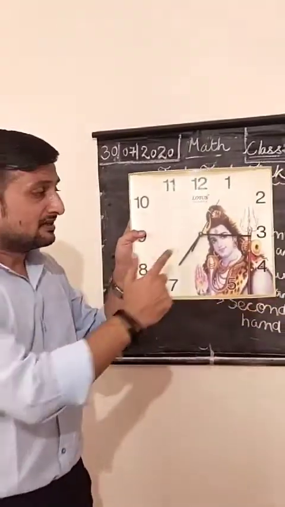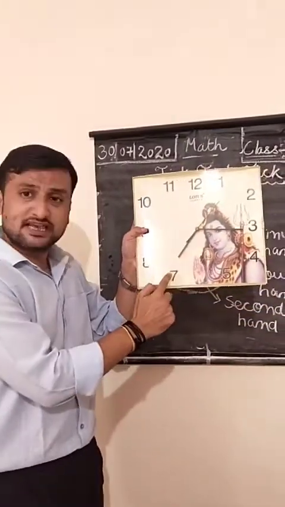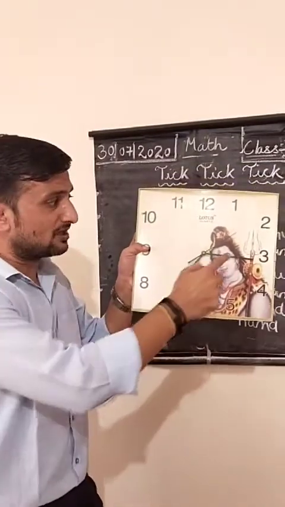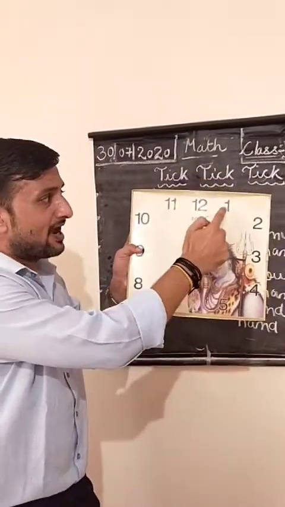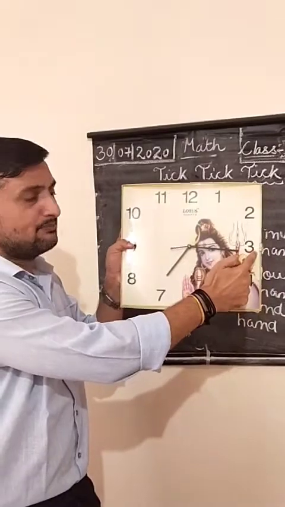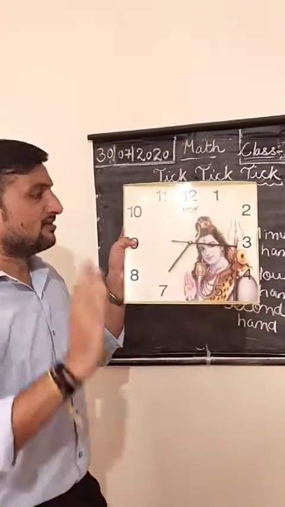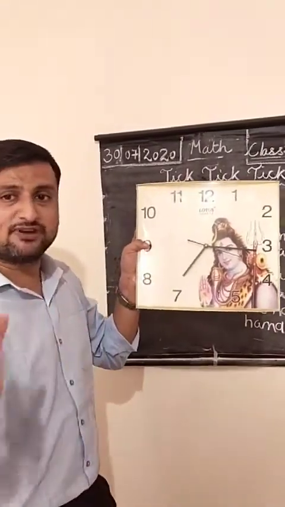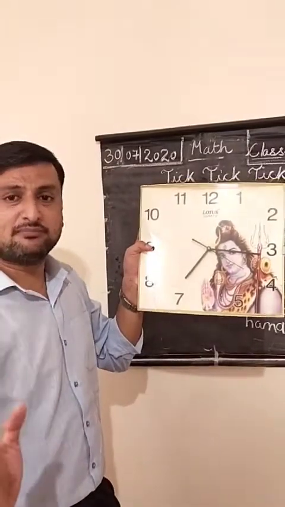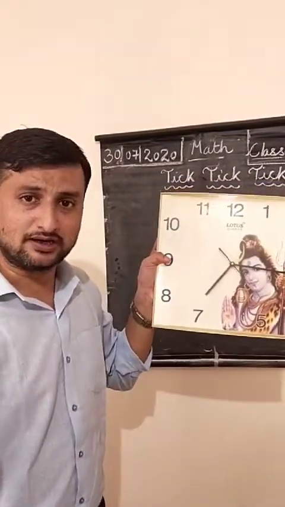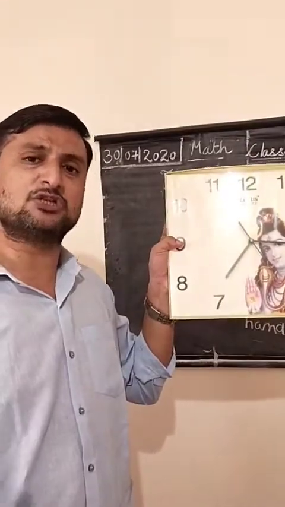My dear, read the time. It is on 7, so it is 7 o'clock. But what about the minutes? It is 5, 10, 15 minutes. So we say that the time is 7:15, 15 minutes past 7. So we will learn this much only today.